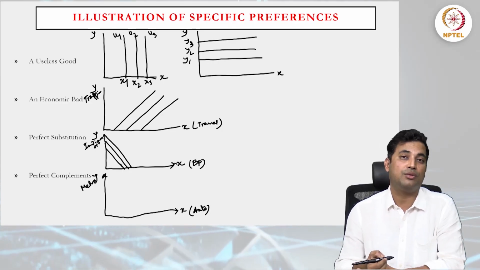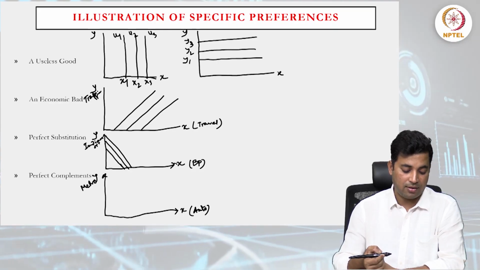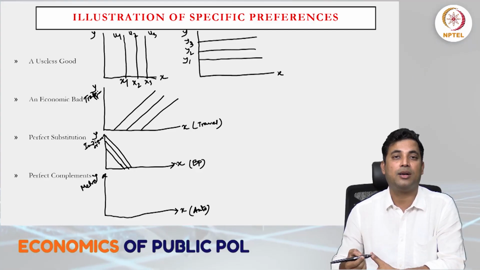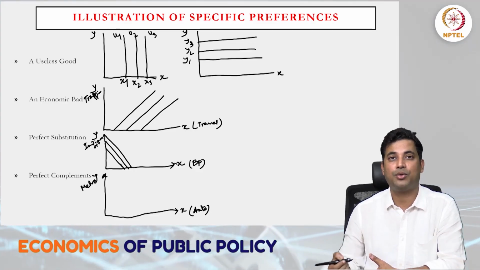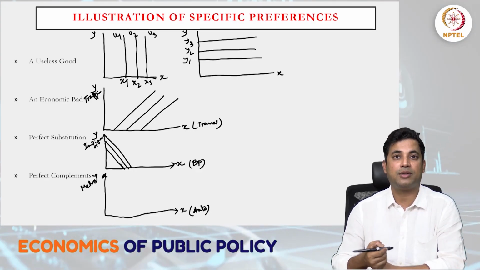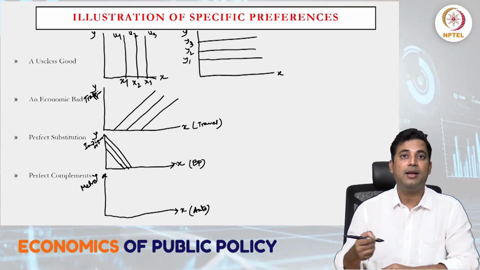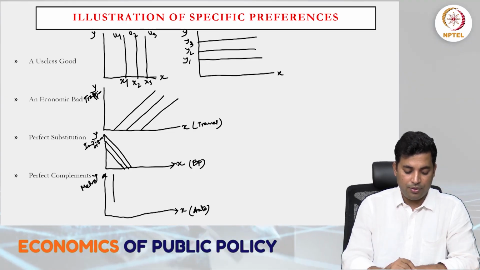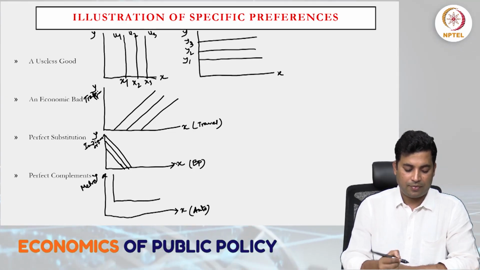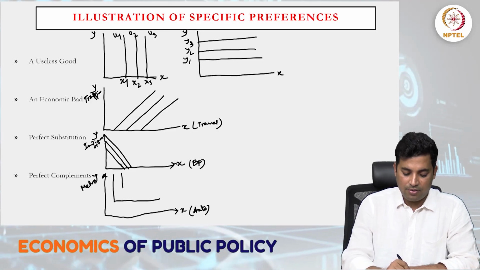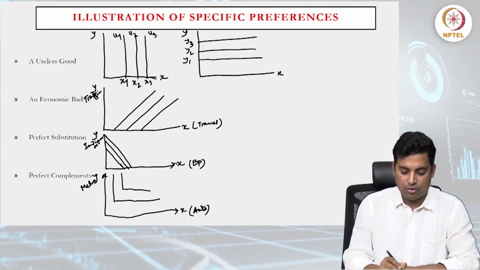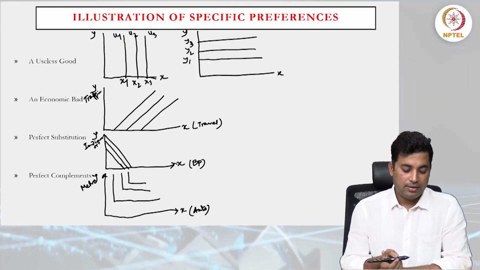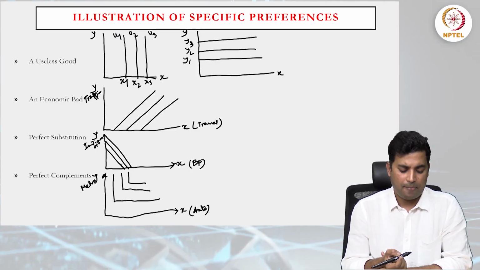So if the government wants to increase metro operations, the government also has to provide local rickshaws or autos that are easily available and affordable, so that I can get an auto to go to the metro station. That's how between metro and auto, these are perfect complements to each other.